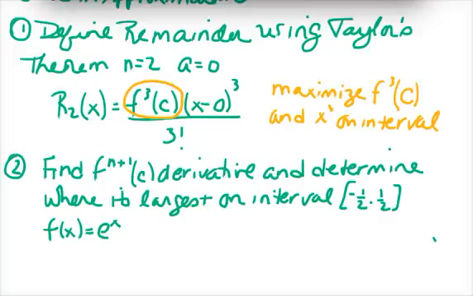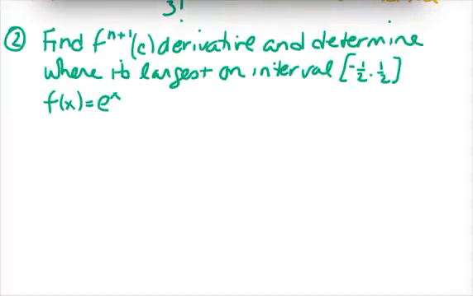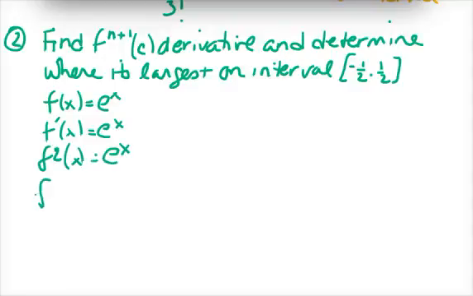Let's start with f of x equals e to the x, and the first derivative, of course, is e to the x, as is the second derivative, as is the third derivative. So this is pretty easy. So the largest that the third derivative can be on negative a half is 1/2.